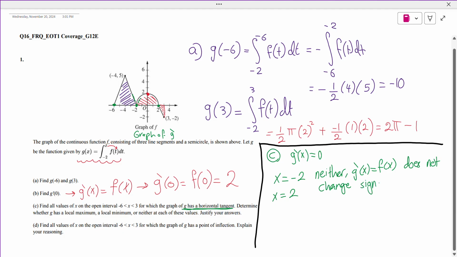Now, what about the other point? At x equals 2, just before x equals 2, g prime is positive, means above the x-axis. And after 2, g prime is negative. That means at x equals 2, we have a local maximum.